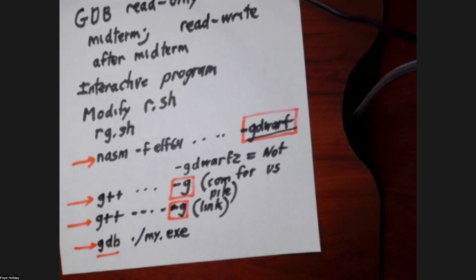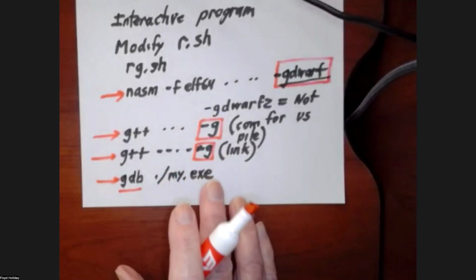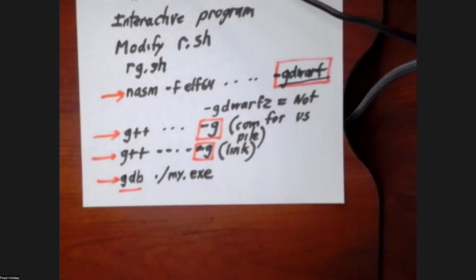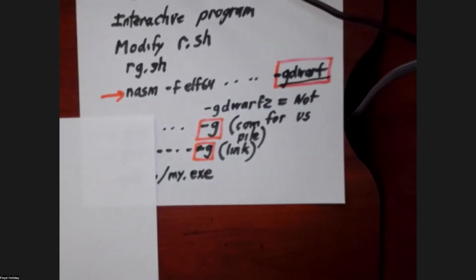And then you have a new bash file that enables GDB to run your program. You're running it under control of GDB. So let's go for about a half an hour, and then I have a demonstration of what has just been talked about. What comes next?